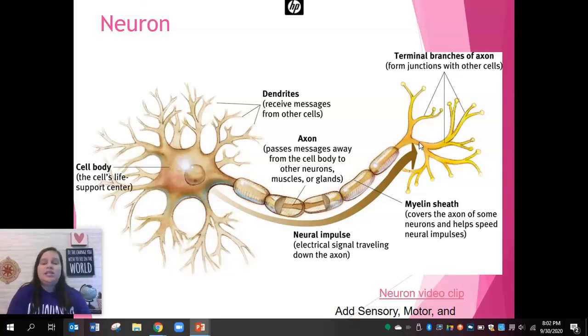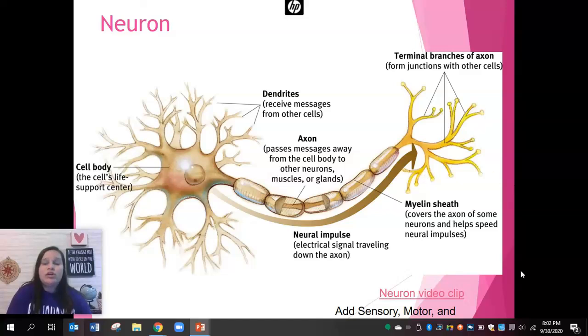And then we get to the end of the axon down here, and we have some more branches that are kind of similar to what we had on the other end. These are called the terminal branches of an axon. Terminal means the end, so it's the end of the neuron. Each one of these has a little area at the end. Sometimes they're called the terminal bud, and we'll zoom in on those in just a minute.